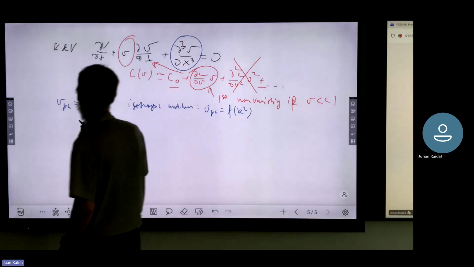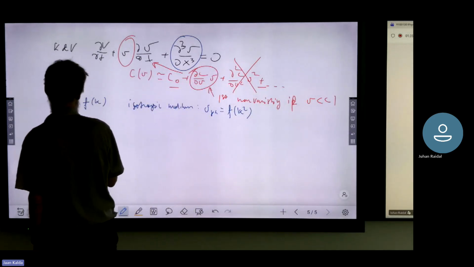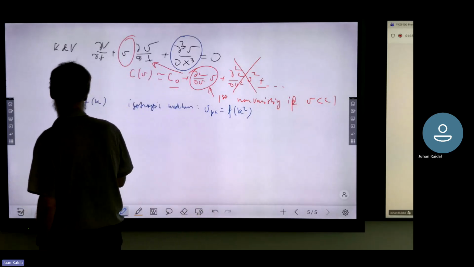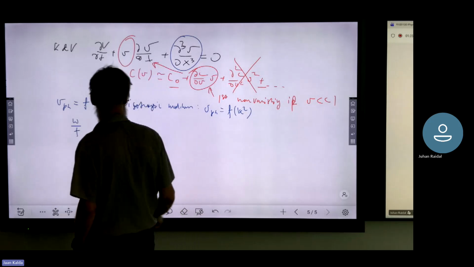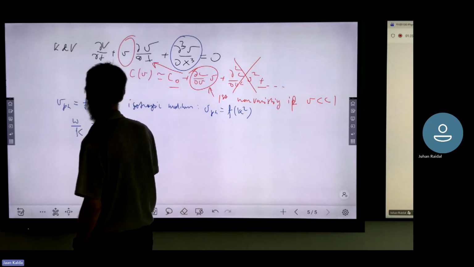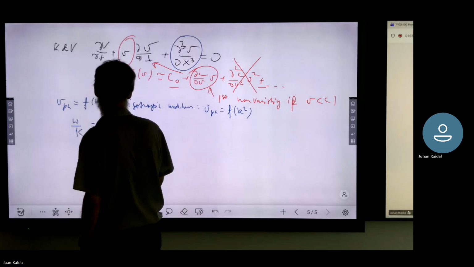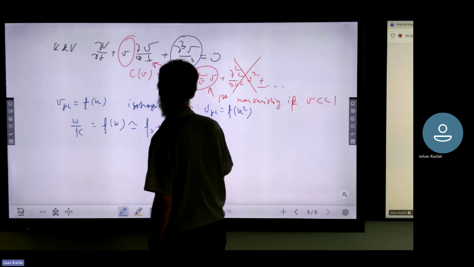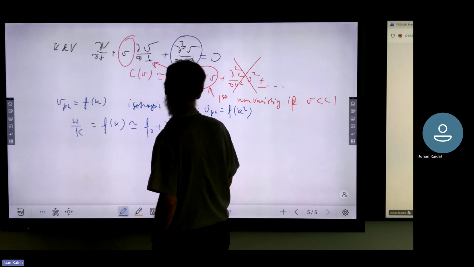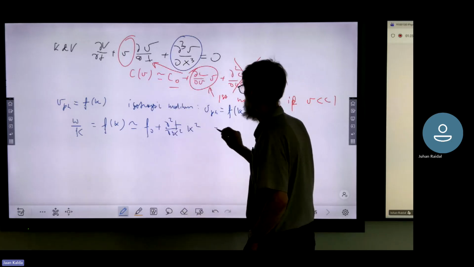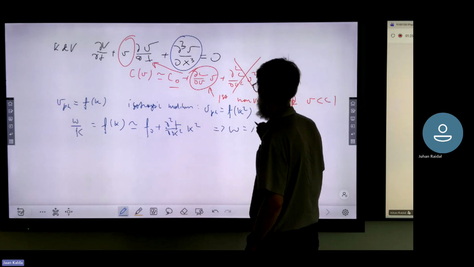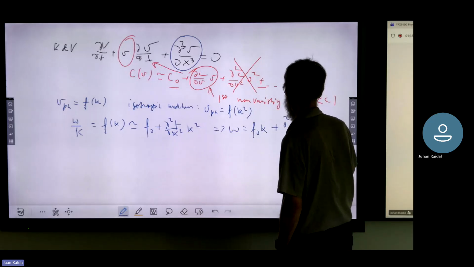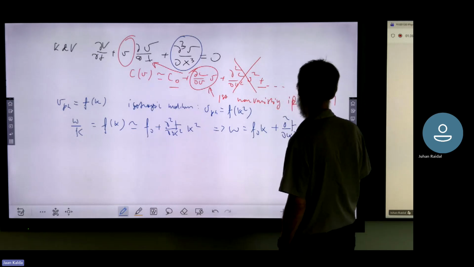So now our equation becomes omega over k, omega over k is f of k, which is approximately f naught plus d squared f over dk squared times k squared, so that omega equals f naught k plus d squared f over dk squared and k cubed.